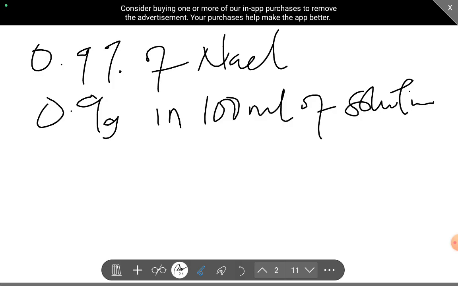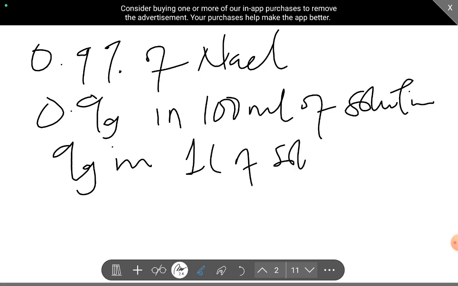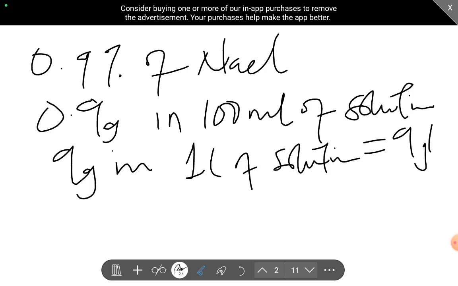This is the meaning. Or in a more practical way, we can say 9 gram in 1 liter of solution. So that is 9 gram per liter.